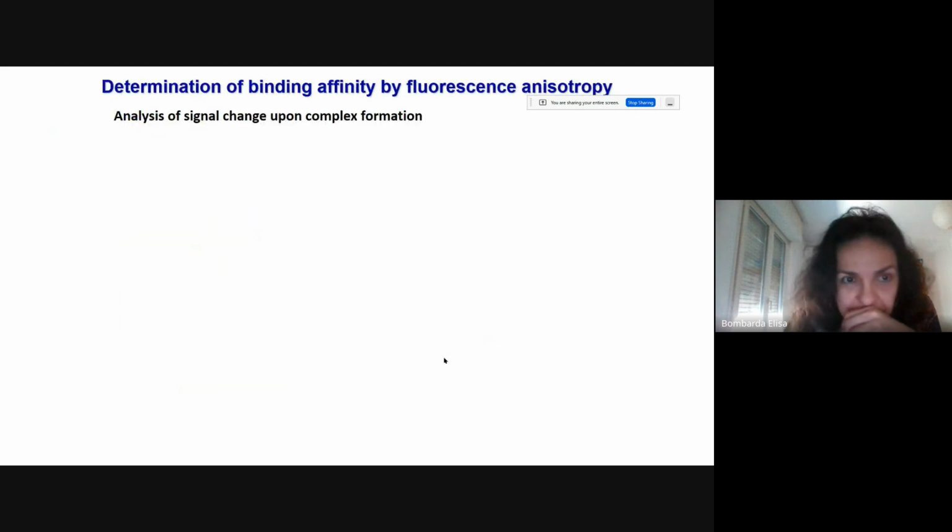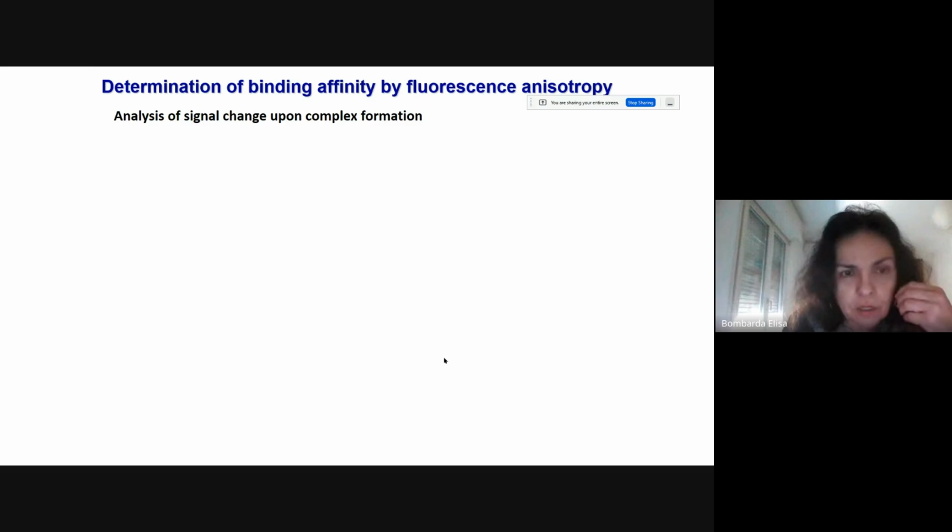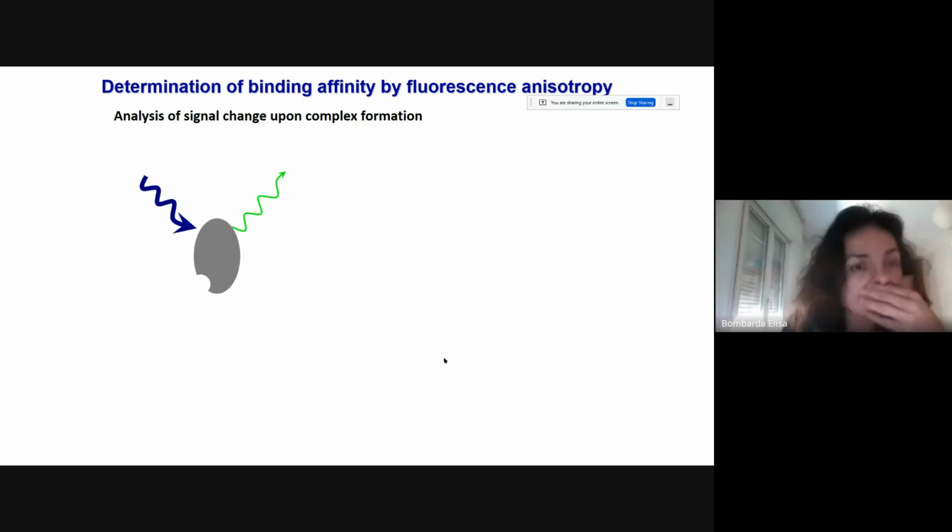Okay, so, a very last slide for this section. I just show you a very easy, schematic way of what anisotropy is used for, what we can do with anisotropy. Let's imagine a binding.